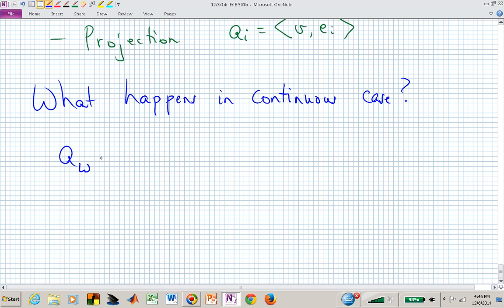Let's call that now a sub w, where we have some generic signal x, and we want to find the inner product with these eigenfunctions, u sub w's. And what did we learn those eigenfunctions were for the convolution operator? Those were these complex exponentials, e to the i omega t.